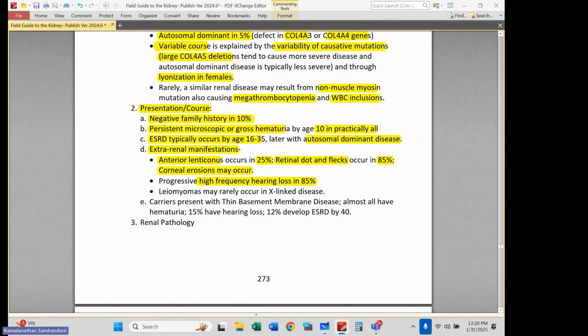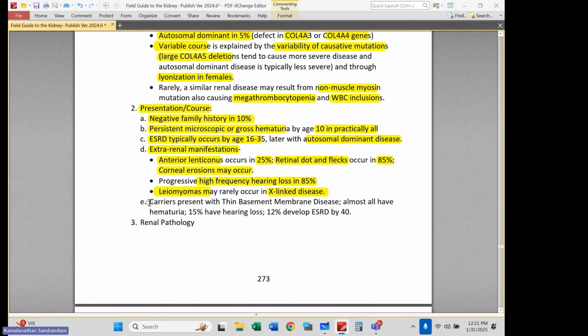It starts out with just high frequency hearing loss, and then progressive hearing loss in youth for X-linked disease in a male. And you may have these abnormal growths of smooth muscle, leiomyomas, in X-linked disease as well.